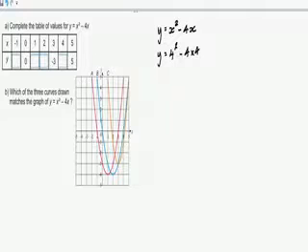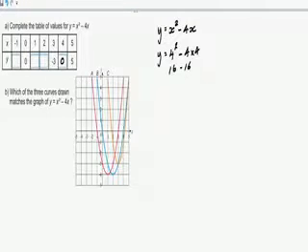That's all there is to it. 4 fours are 16, minus 4 fours are 16. So 16 take away 16 is 0. So y equals 0.